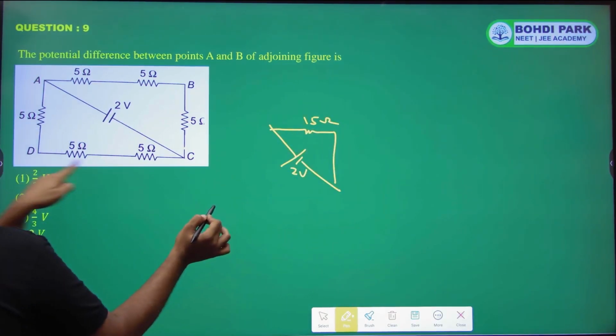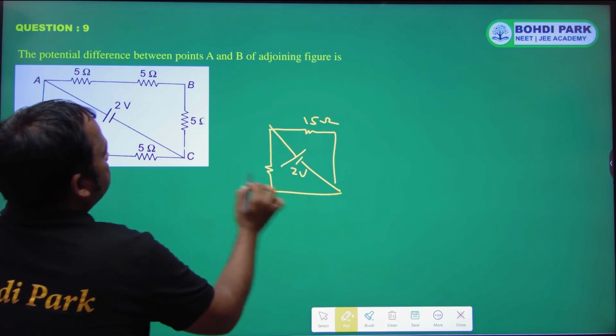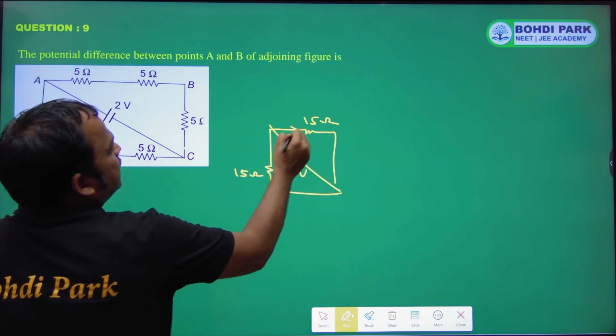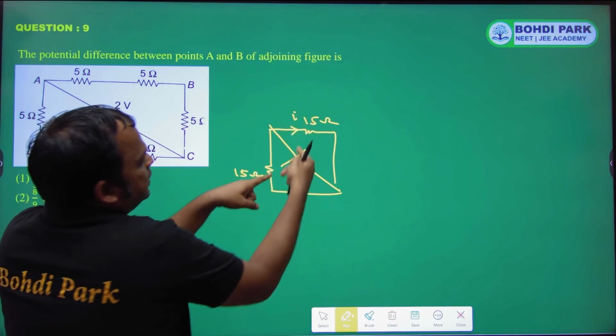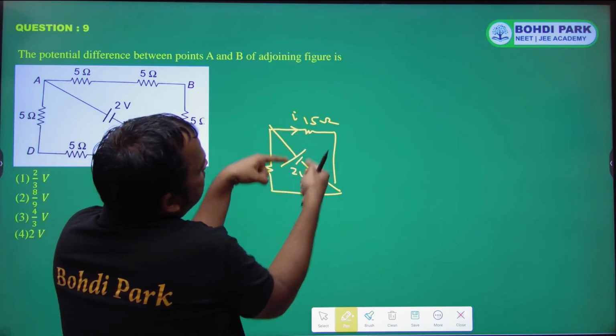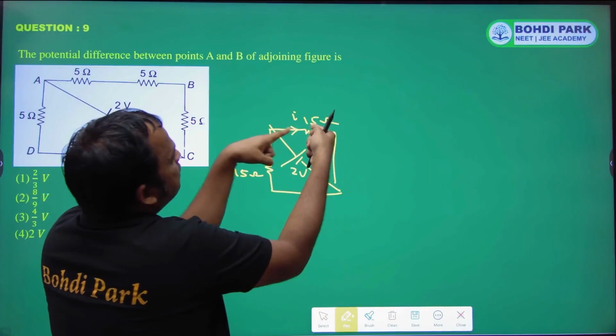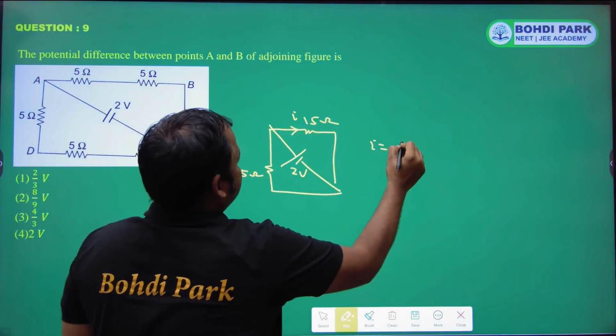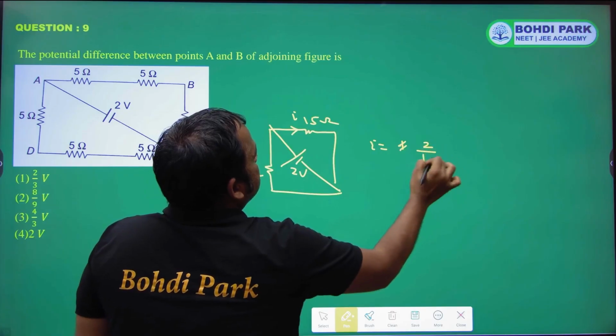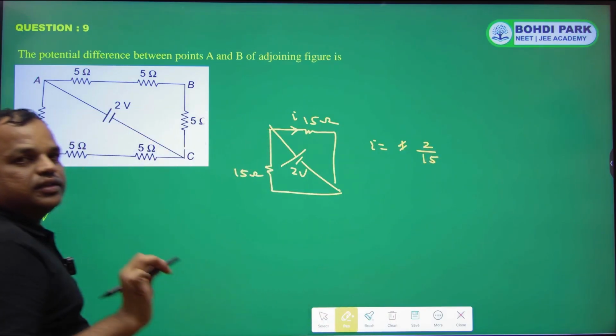If you consider this series combination, that is also 15 ohm. So to find current in this branch, suppose this current is I. So this full EMF we are getting, 2 volt across this 15 ohm. So I is equal to 2 by 15. That is the current.